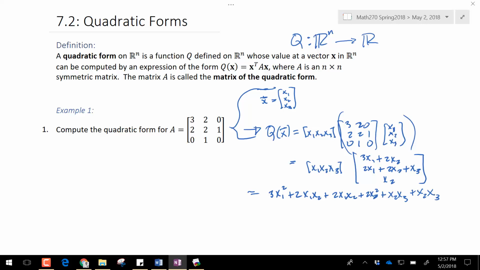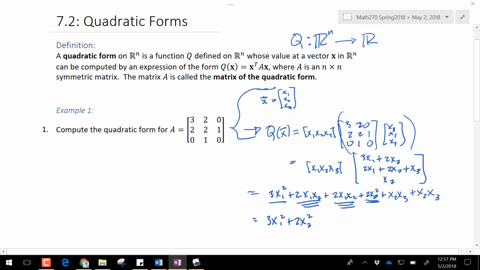Let's see. I think there are some like terms here. This is by itself, so that's 3x1 squared. The other one is 2x2 squared. So those are the only terms that are squared. And then let's take a look at the ones that are not squared. x1 x2, x1 x2.